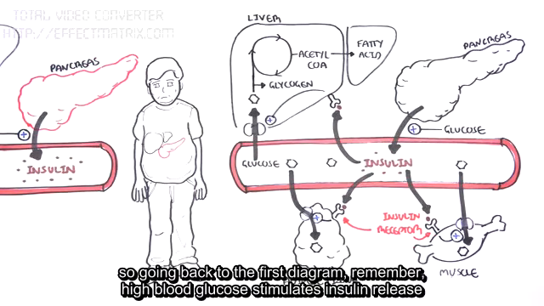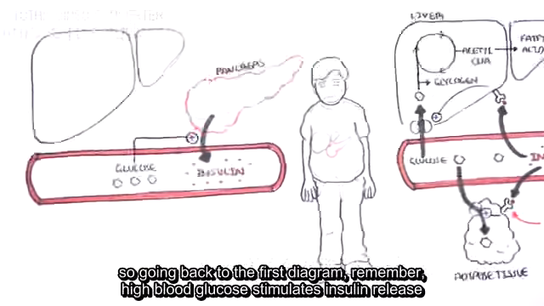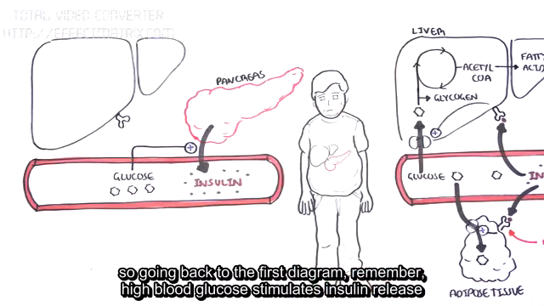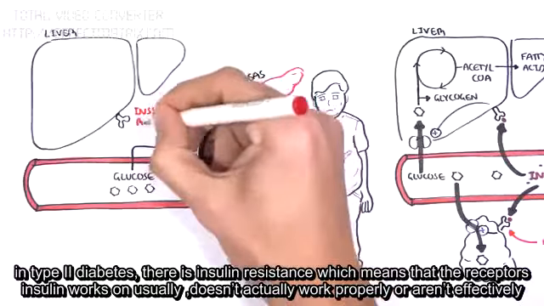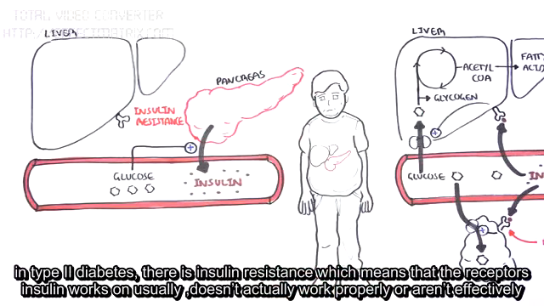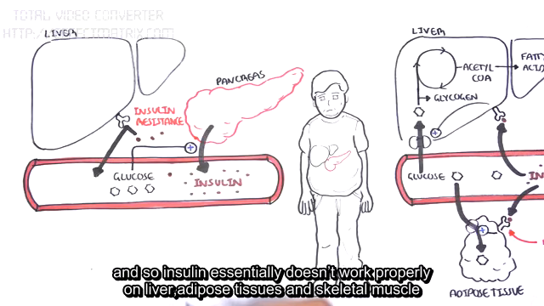So going back to our first diagram, remember, high blood glucose stimulates insulin release. In type 2 diabetes, there is insulin resistance, which means that the receptors insulin works on usually do not work properly or as effectively. And so insulin essentially does not work properly on liver, adipose tissue, and skeletal muscle.